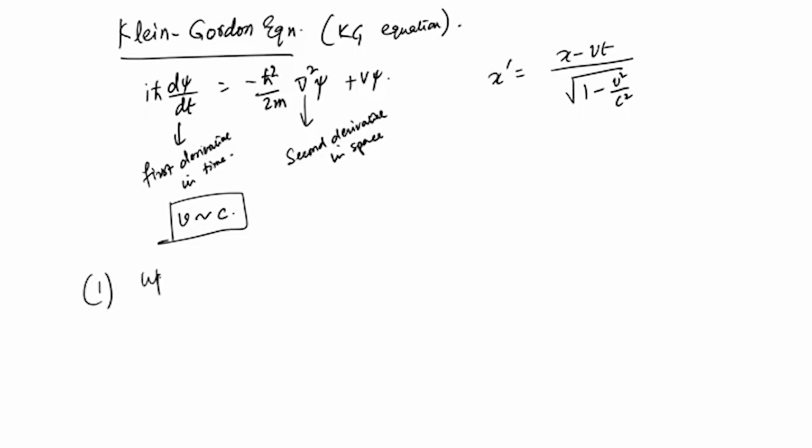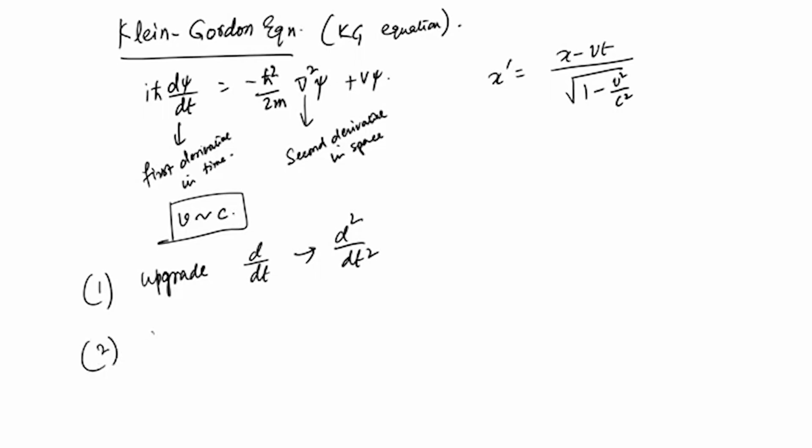Okay. So we have two possible solutions. One is to upgrade the time derivative, that is d/dt to d2/dt2, that is, upgrade the first derivative of time to the second derivative of time, so that it matches with the second derivative of space and hence will be Lorentz invariant.